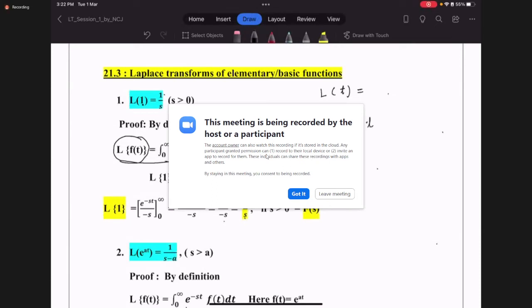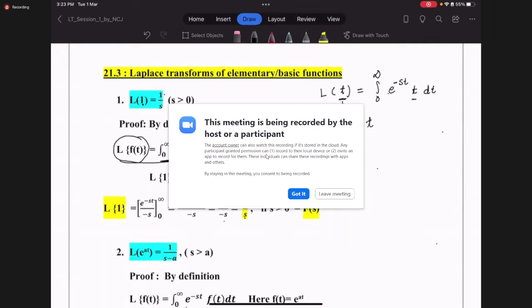Now I want to write like this. How will you write? Ma'am, 0 to infinity e to the power minus st t dt. Very good. What did you replace? The function is ft, and in place of ft, you put t. Now you know the integration, integration by parts, and you will get your answer, right?